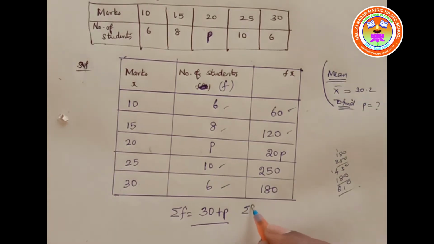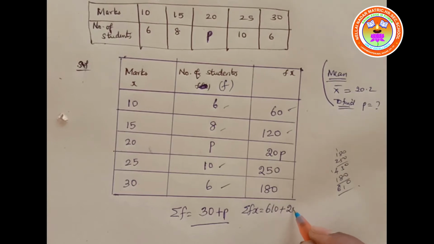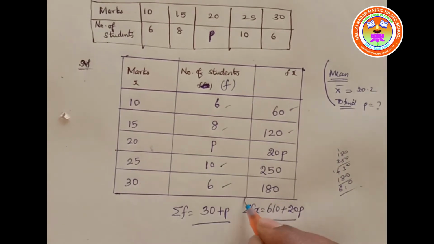That is, sum of f into x is equal to 610 plus 20P. It's clear, children?